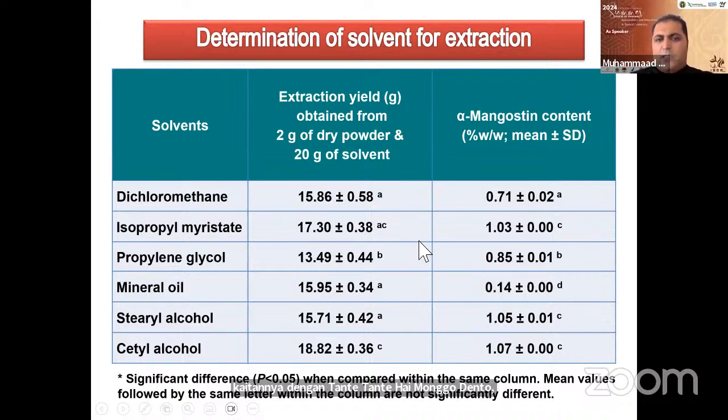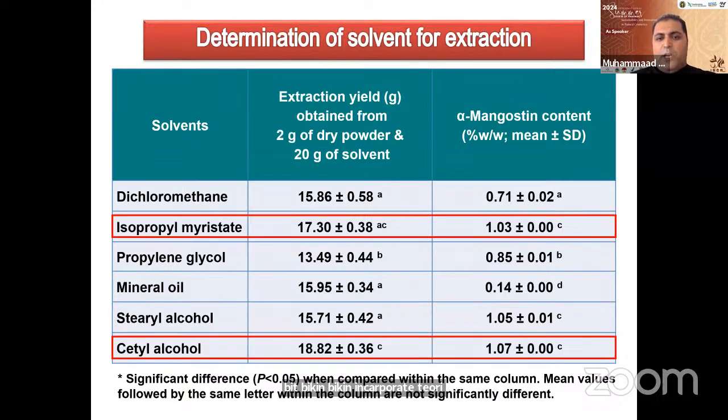So from these results, we presume that cetyl and stearyl alcohol can be a suitable green alternative solvent instead of dichloromethane, and also we can incorporate them directly in any topical or medicated cosmetic formulation.